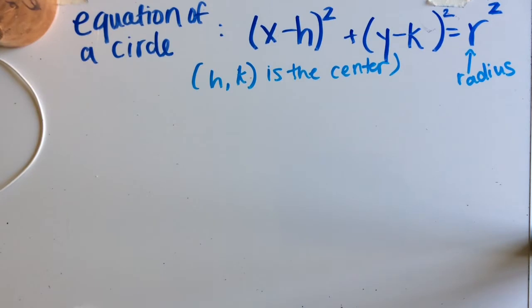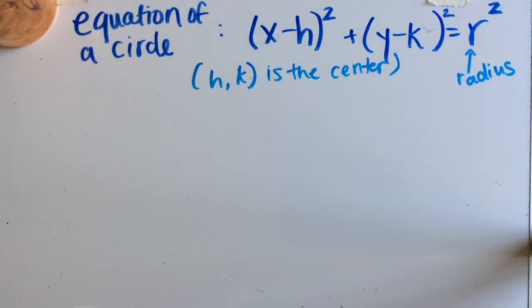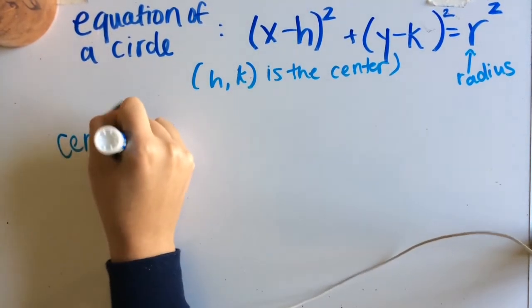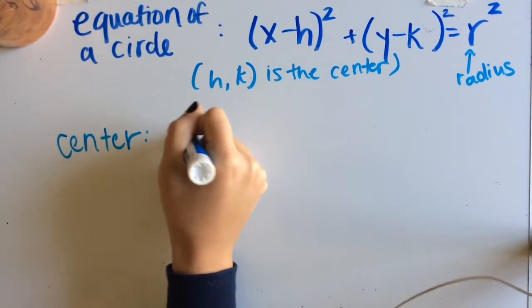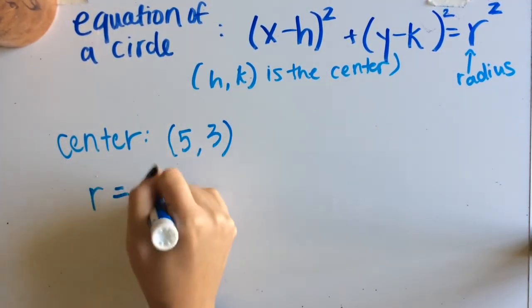The only thing required to learn in this lesson is writing this specific equation. You'll see this in a few different forms. Say you're given a center of 5, 3 and a radius of 2.